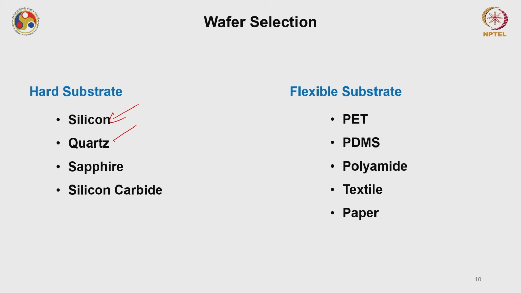So selecting the substrate on which you are going to fabricate your sensor is very, very crucial. You should know which substrate you are going to use and what the end application of your sensor is. Say, for example, you need a sensor that someone has to wear.